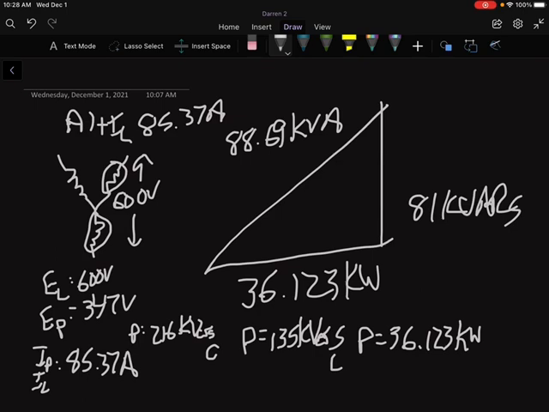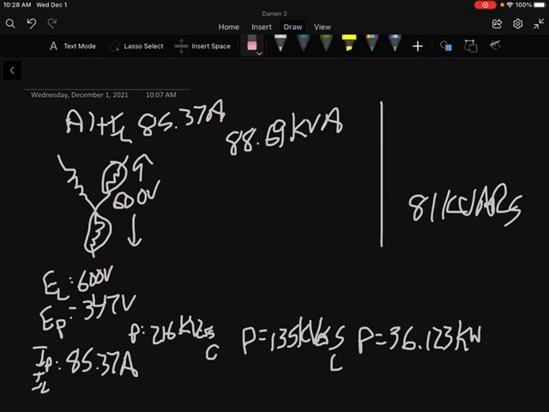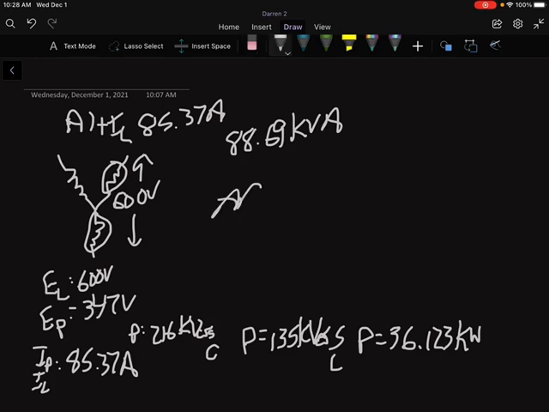And then the other thing you can do, now that we got all those values, is look at our total apparent power. This is just a double check: 347 times 85.37 amps times 3.